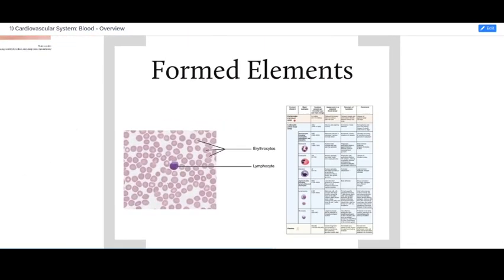Then we'll go on, basically extending the components of the blood to look specifically at the formed elements, which are the cellular components of the blood. We'll concentrate on red blood cells as a major portion of that. The white blood cells will be saved mostly to talk about within the immune system, and then we'll talk about platelets more in terms of how they relate to blood clotting.